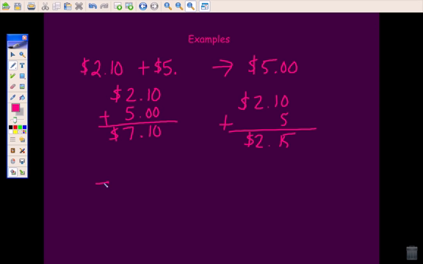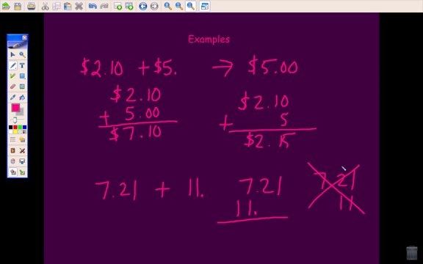If we had 7 and 21 hundredths plus 11. Let's say this is time we're talking about. Maybe this is someone's results in a race. 7 and 21 hundredths of a second and 11 seconds. So I'm going to line up my decimals. And what did I tell you all whole numbers have? An imaginary decimal behind them. So that's going to ensure that I do my decimal points in the correct spot instead of doing it wrong and adding like that.